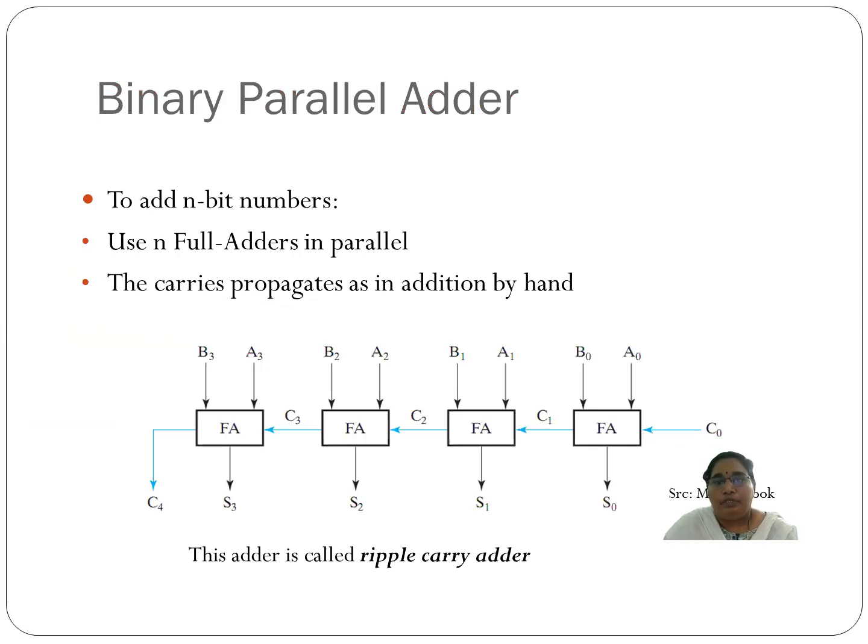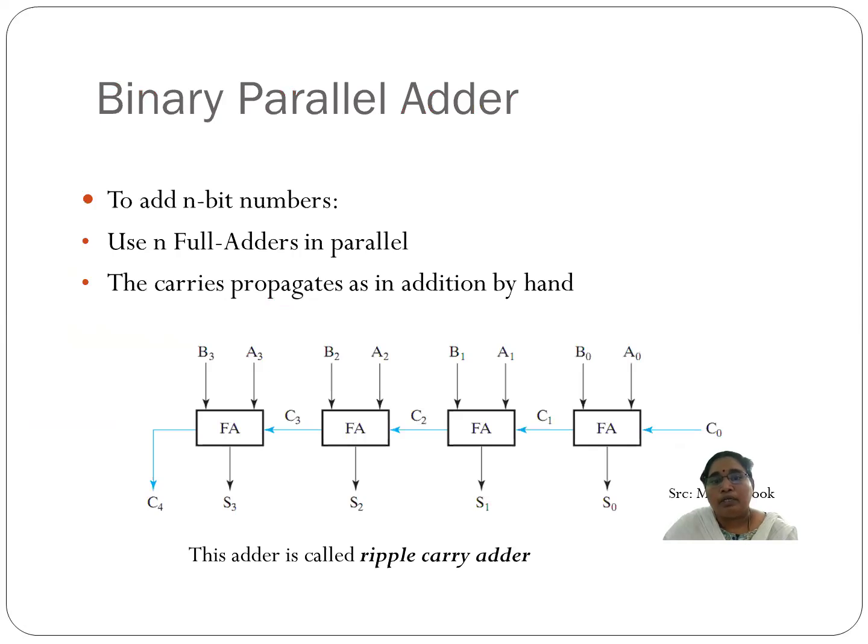In n-bit addition, the second full adder should wait for the carry from the first full adder, and only after that will we get the addition result of this second full adder, and after this is produced only the third full adder can complete its action, in the same way till the last full adder.